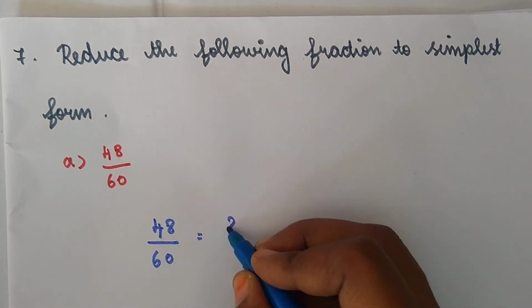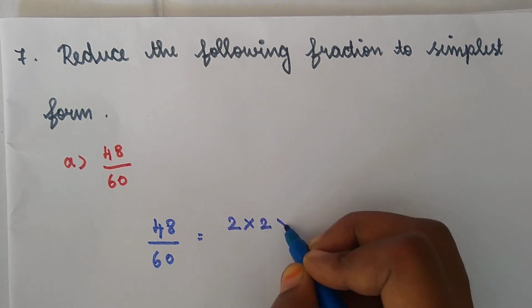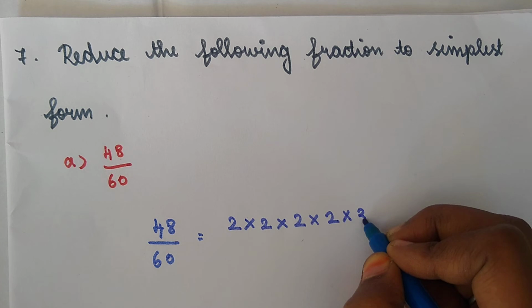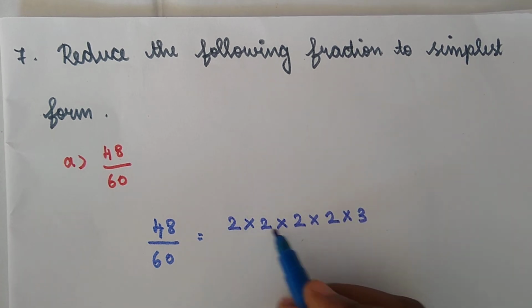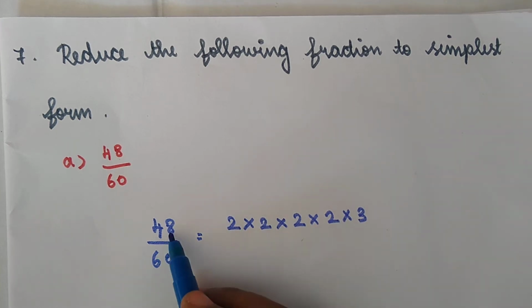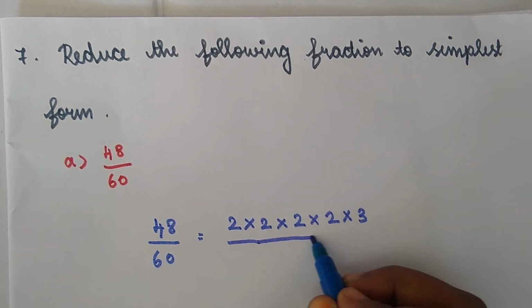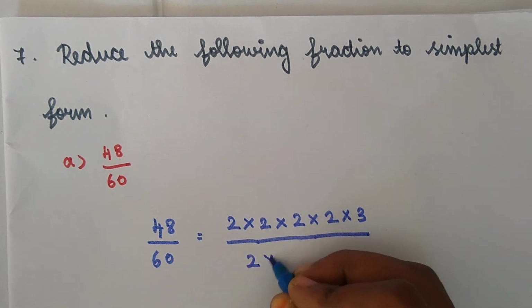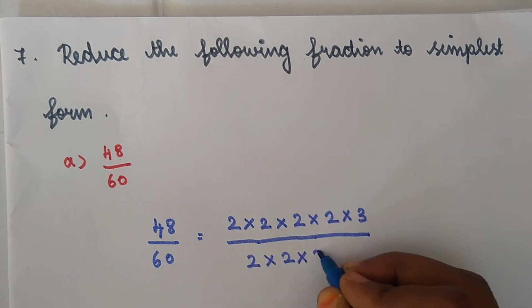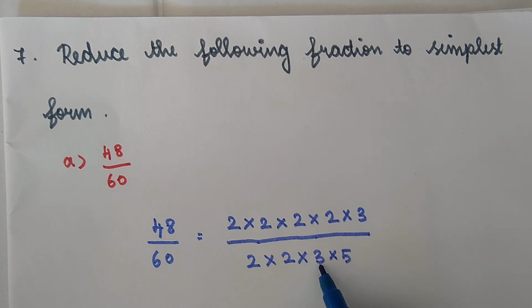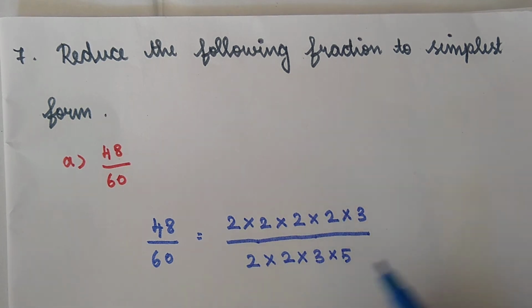We get 2 into 2 into 2 into 2 into 3. 2 2s are 4, 4 2s are 8, 8 2s are 16, 16 3s are 48. Next we have to find the factors of 60. We get 2 into 2 into 3 into 5. That is, 2 2s are 4, 4 3s are 12, 12 5s are 60.